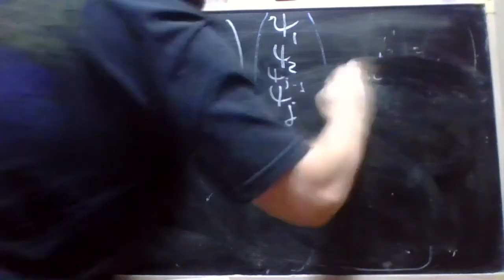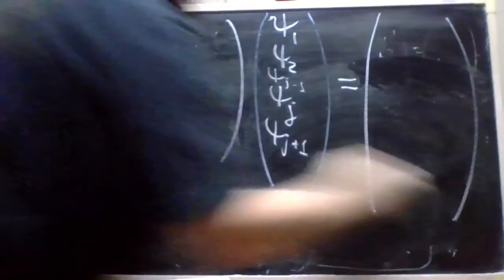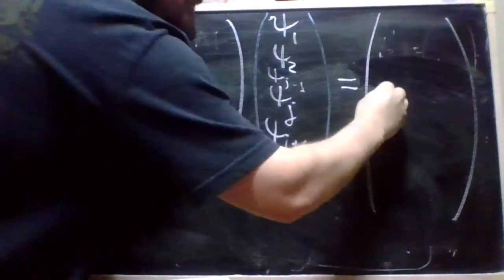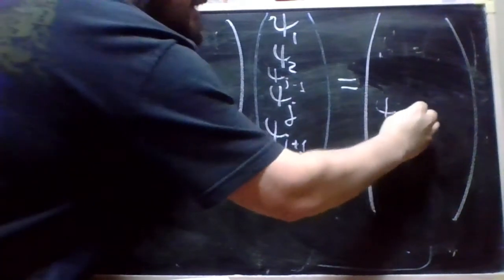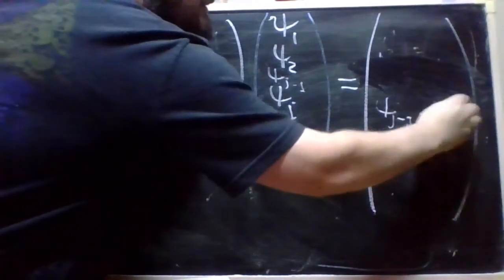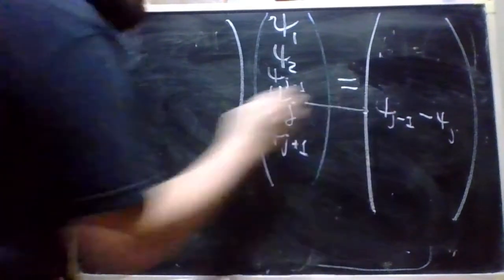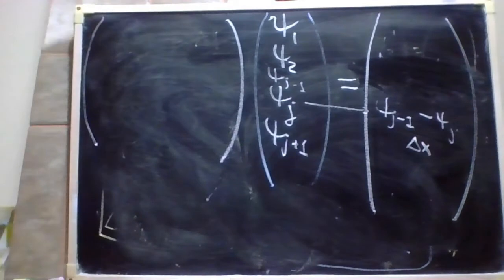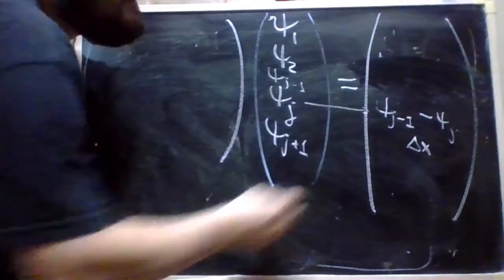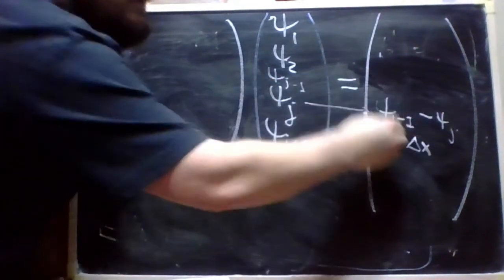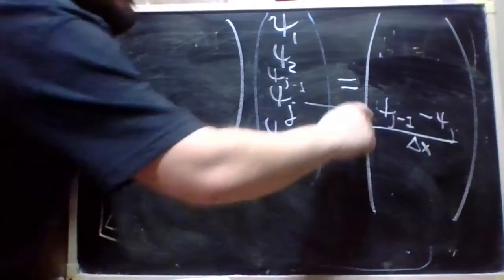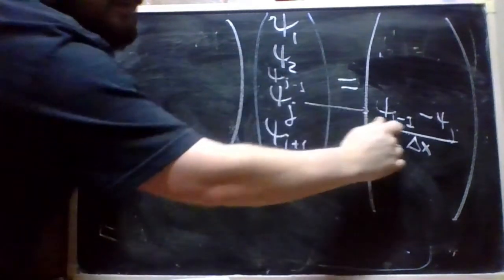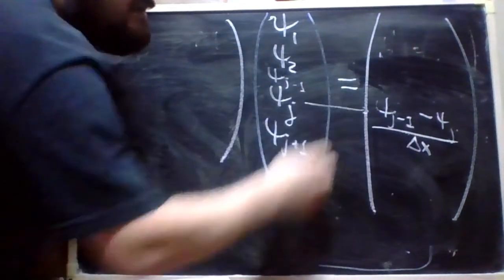For this particular row of this vector will correspond to psi j plus 1 minus psi j, divided by delta x. So at any row of the resulting vector, I will always have the difference of two values in this vector, also divided by delta x.